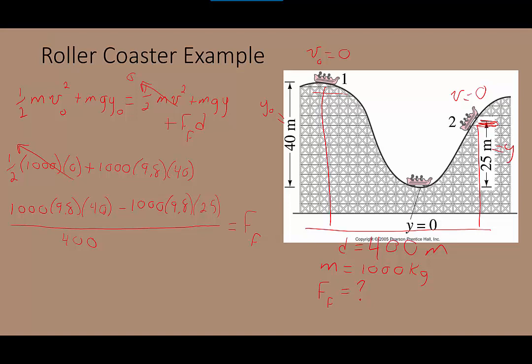If we plug in all of those numbers and we round a bit, because it's an estimate, we can certainly do the rounding. The force of friction on the roller coaster is approximately 370 newtons.